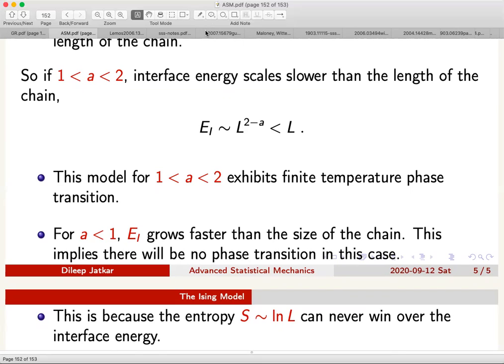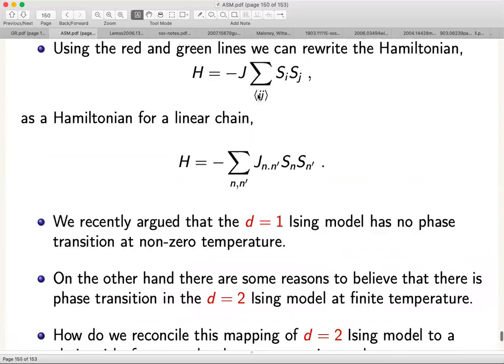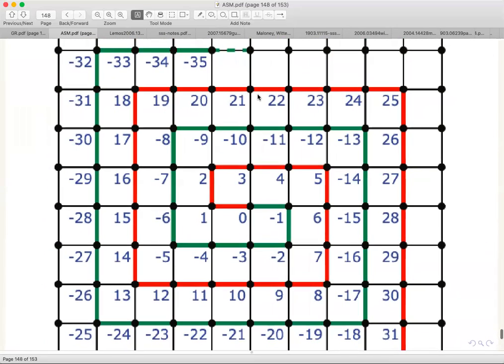So when we try to model the 2D chain structure as a 1D chain, each point has 4 neighbors. 2 of them are just consecutive, so that will appear in the J term, and 2 of them will be some distance apart.